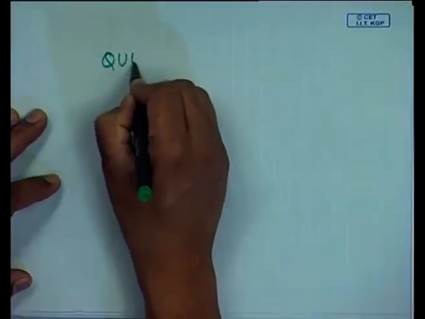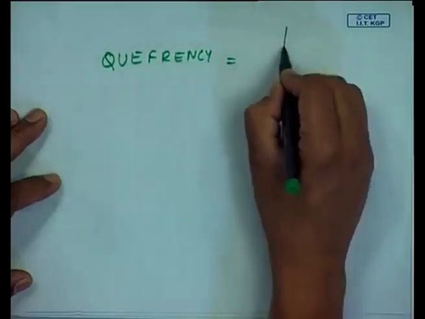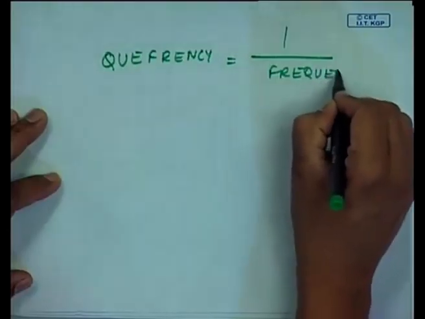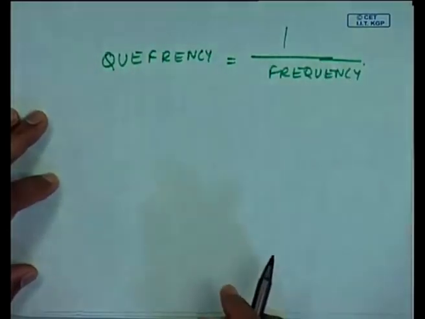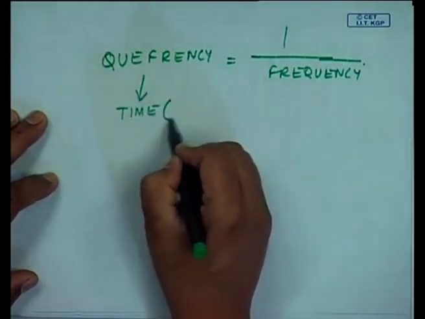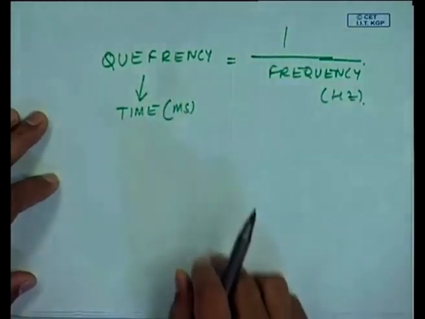But if I know I am looking for a particular family of sidebands, I can very easily do Cepstrum analysis and then see them as the Q frequencies, because one thing you should recollect, Q frequency is related to the inverse of the frequency. So, Q frequency is in time domain, usually in milliseconds, and this is in hertz. So, there has to be an inverse relationship.